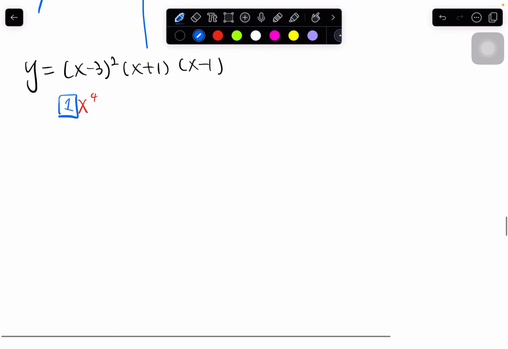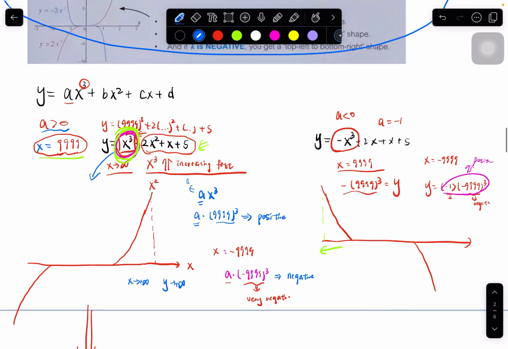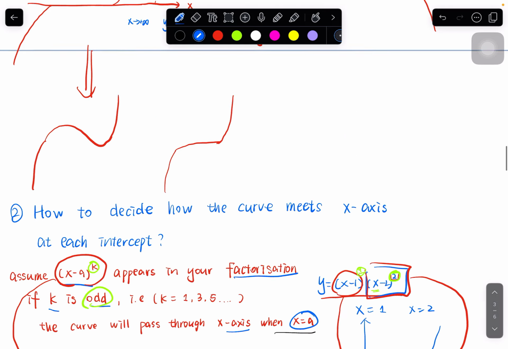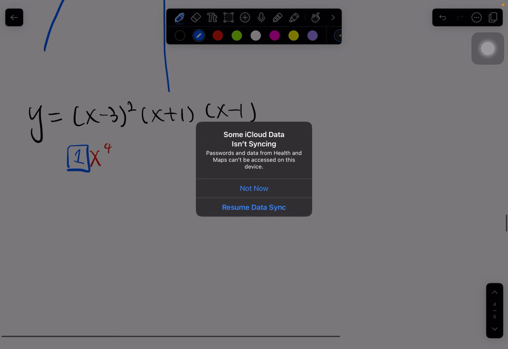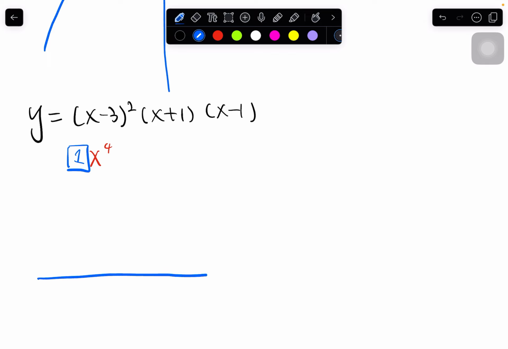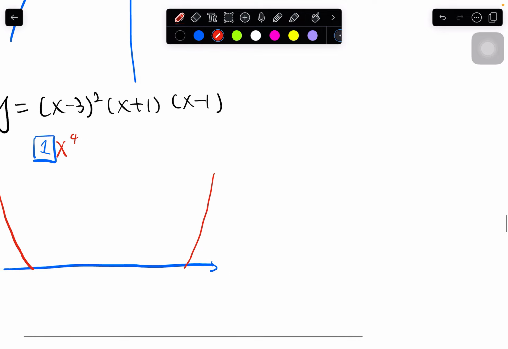If you repeat this step, I'm not going to talk about it, you will get the x to the power of 4 having top left and top right behavior at two ends.